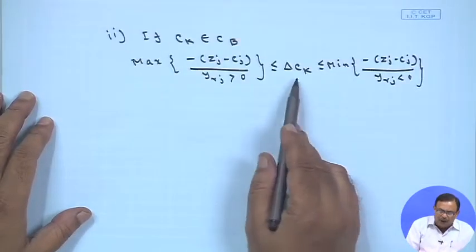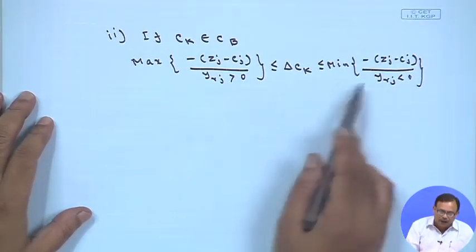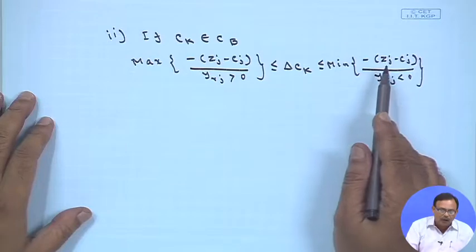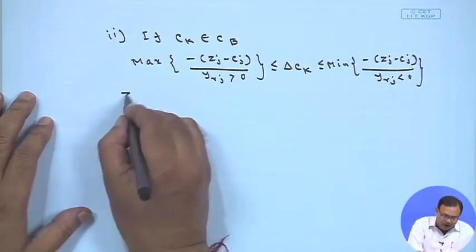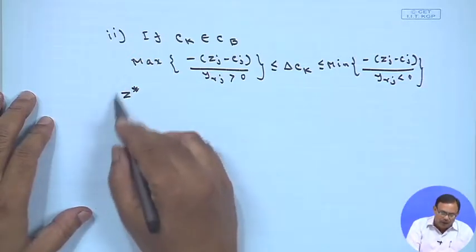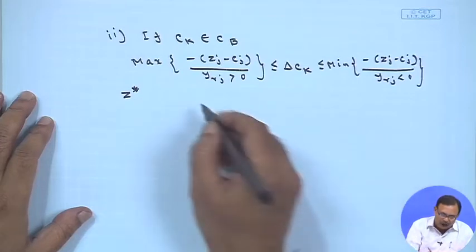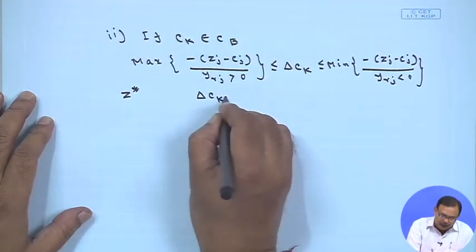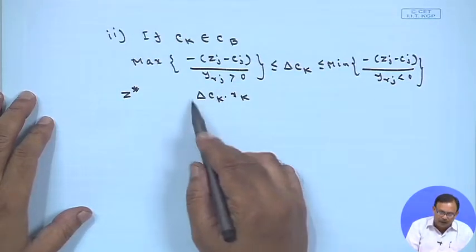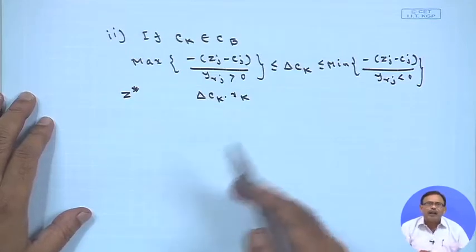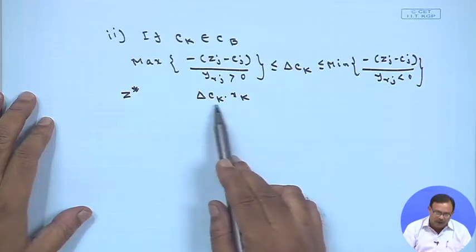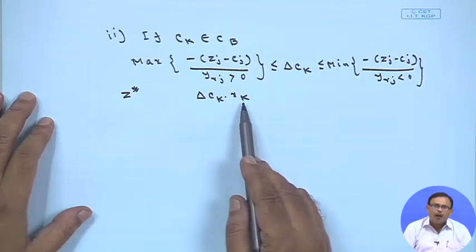Then if your delta Ck value lies in this particular range, between the maximum of this and the minimum of this, the optimal cost Z star will be improved, by delta Ck into xk, because your cost has increased here by delta Ck. That means you will get more profit, and the extra amount is delta Ck into xk.